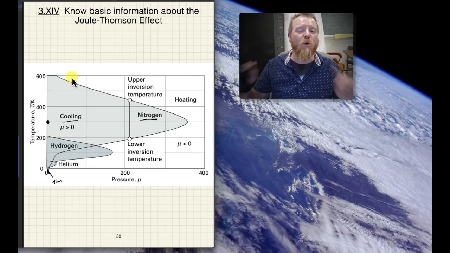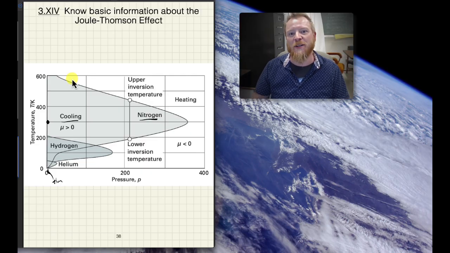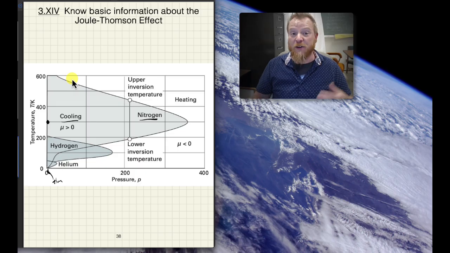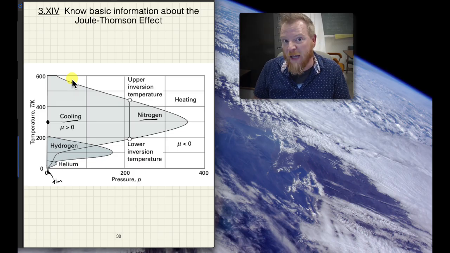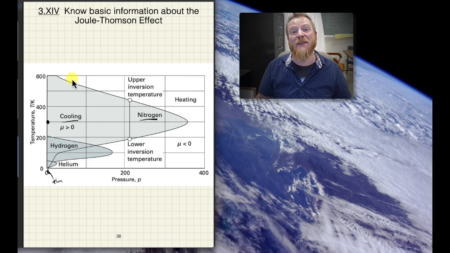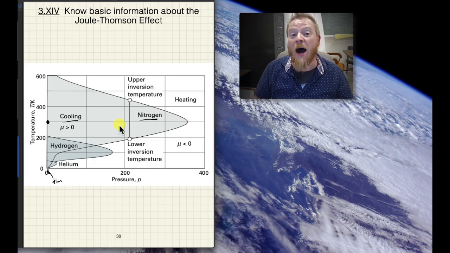So it's totally contrary to what you would expect, right? You would expect that we would compress a gas to make it a liquid, but under a certain condition, isenthalpic, or adiabatic, with a tight enough throttle, you could actually make a liquid out of something by expanding it, which is really cool. And there's a lot of modern refrigeration techniques that take advantage of the Joule-Thomson effect.